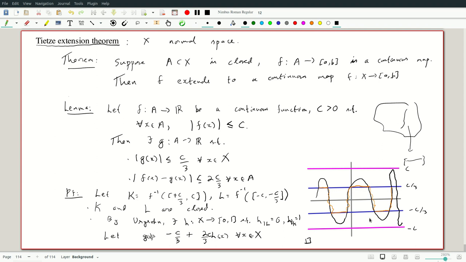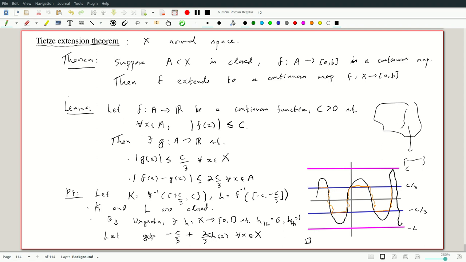So G of x is indeed minus C by 3 on L and C by 3 on K, and F on L is between minus C and minus C by 3, and on K is between C by 3 and C.